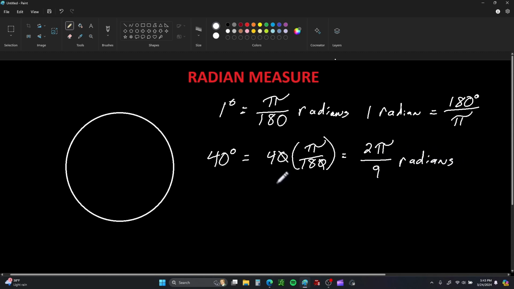Let's try another. Let's try negative 270 degrees. We would again have pi over 180. So we'll reduce. 90 goes into here 2, 90 goes into here 3. So what we would get is minus 3 pi over 2. Let's say that we had 90 degrees.